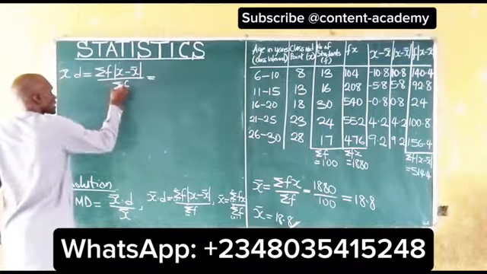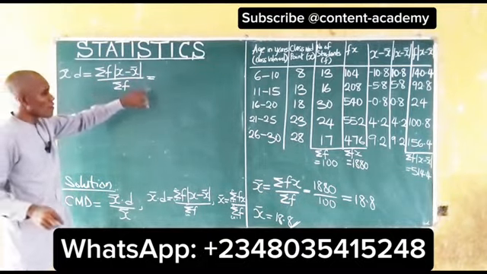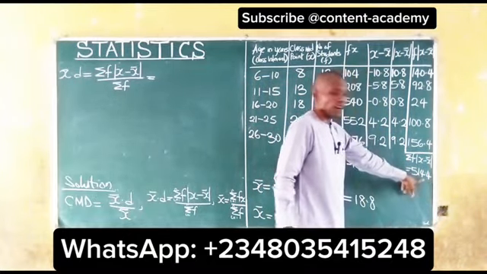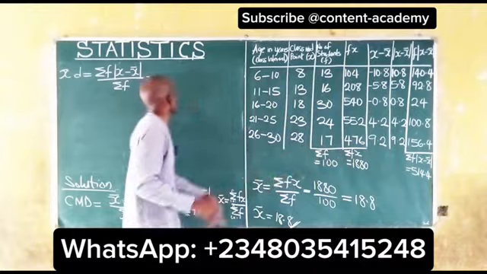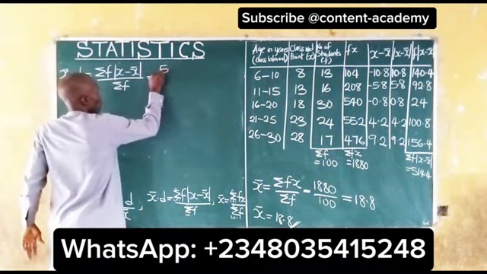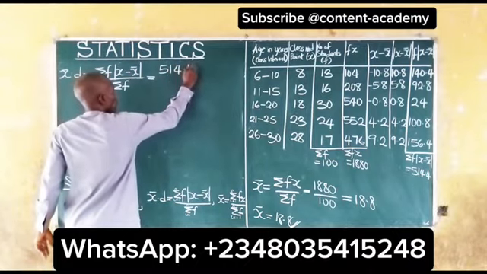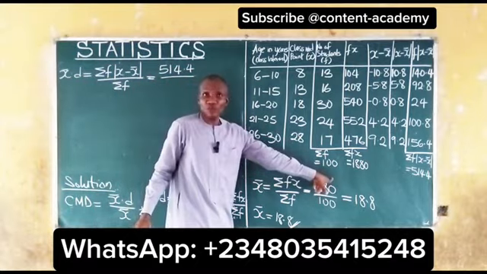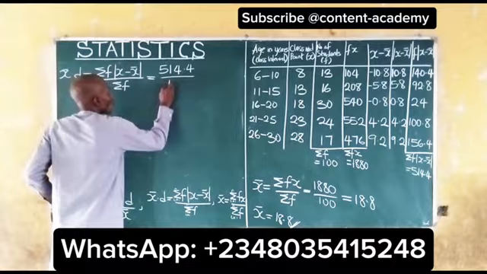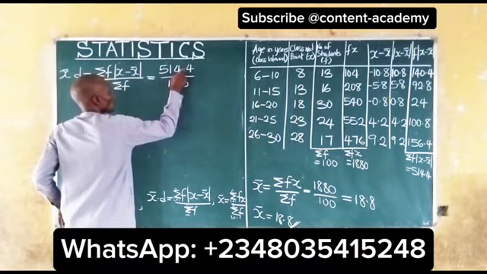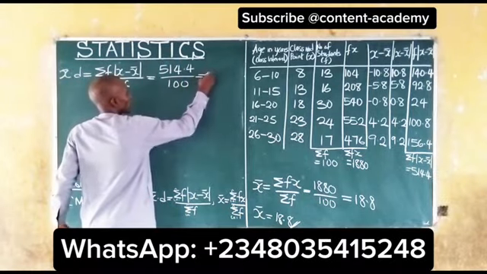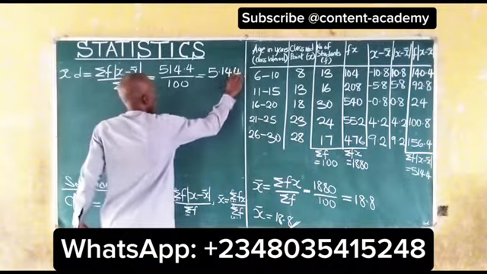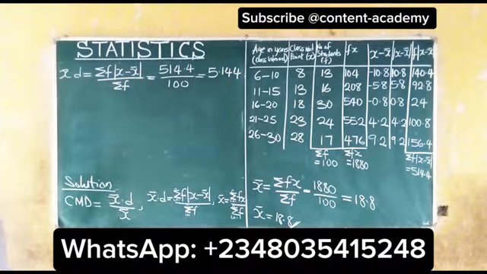Now, what do we have as our summation of f of x minus x bar? We have it as this, 514.4, divided by summation of f. We have summation of f to be 100, so the decimal point moves two places, and our answer will be 5.144.